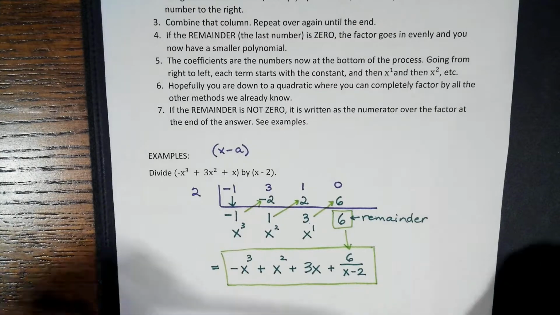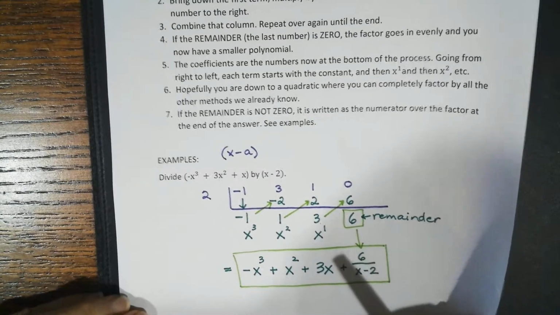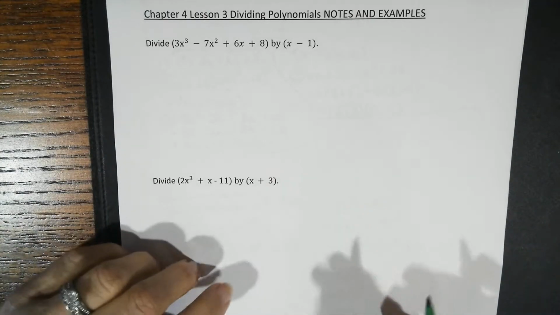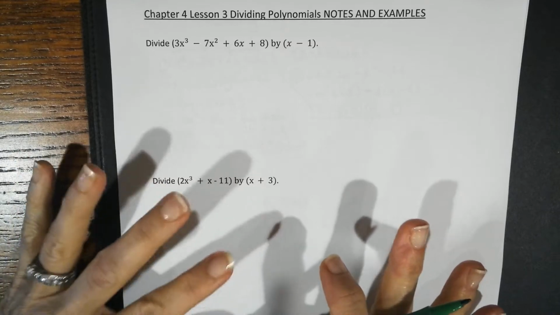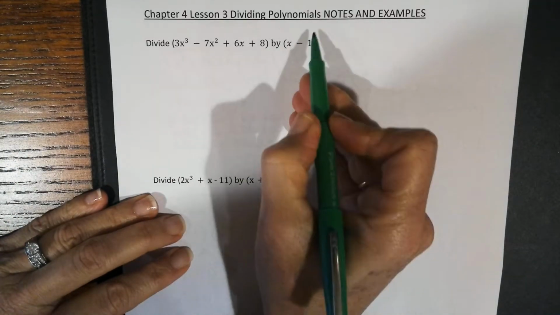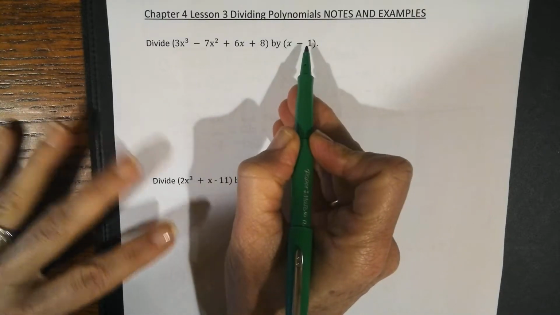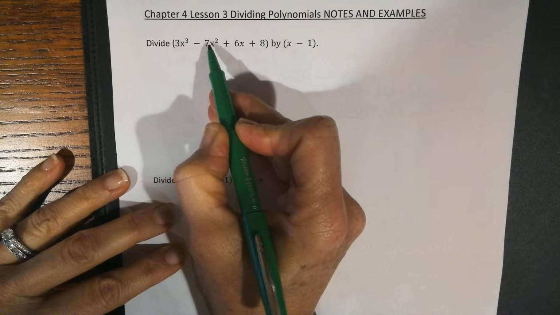So we're going to do another one. Hopefully you can see that example already in the notebook. Okay. If you have it printed, great. If you don't, you can just put these in your notes as is. So let's remember all of our steps. Okay, so here's our divisor. I have just a single x with the power of 1. This is going to work. Here are my coefficients, x to the third, x squared, x.